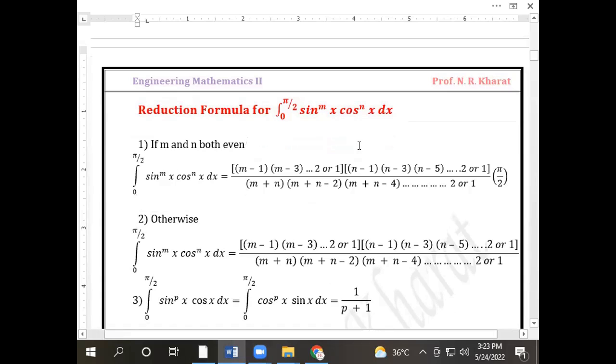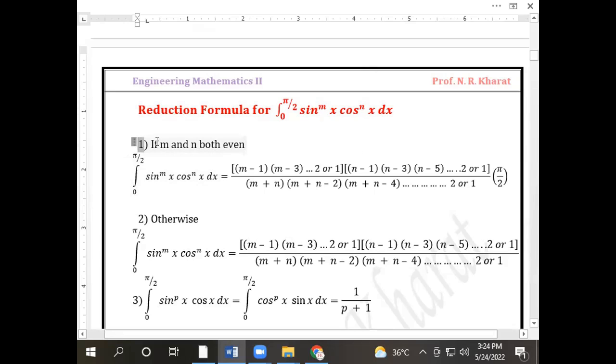So here the reduction formula is based on the m and n. If m is even, n is even, or any one of them is odd, then the actual reduction formula for the product of your sine and cosine totally depends on the value of the integer m and n.